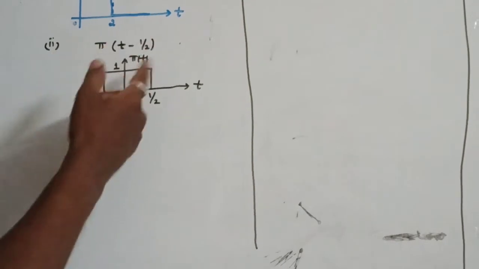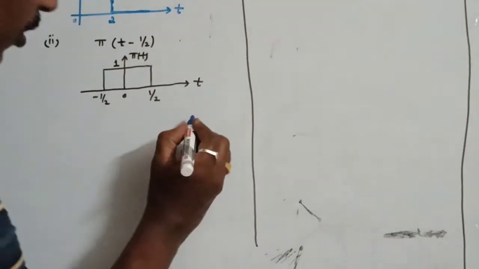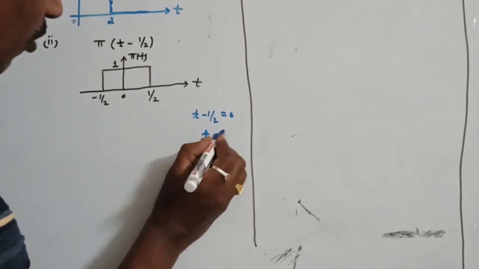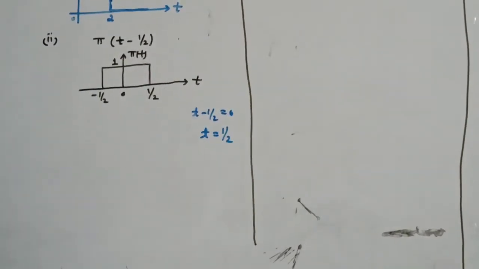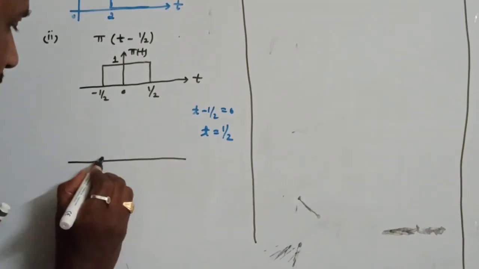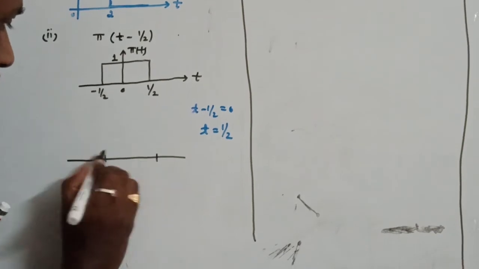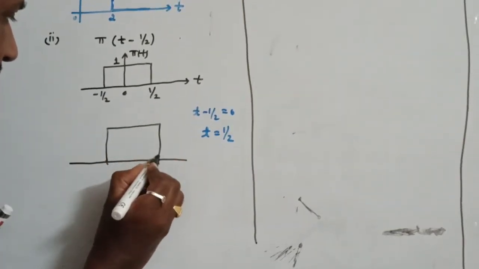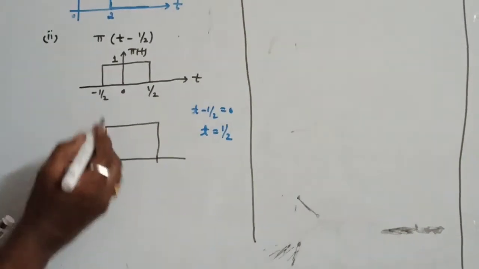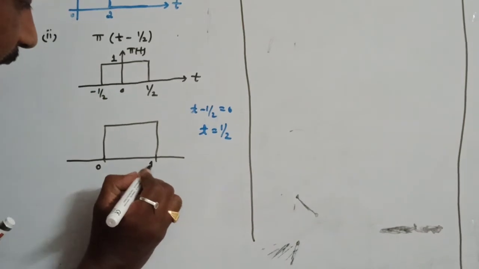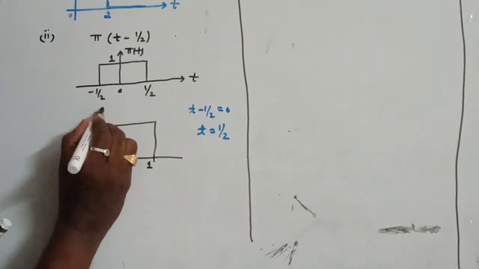Now we have to shift this signal towards the right by 1 by 2 units. Setting t minus 1 by 2 equal to 0 makes t equal to 1 by 2. That means add 1 by 2 to the scale. First we draw the original signal and then add 1 by 2. So minus 1 by 2 plus 1 by 2 becomes 0, and 1 by 2 plus 1 by 2 becomes 1.